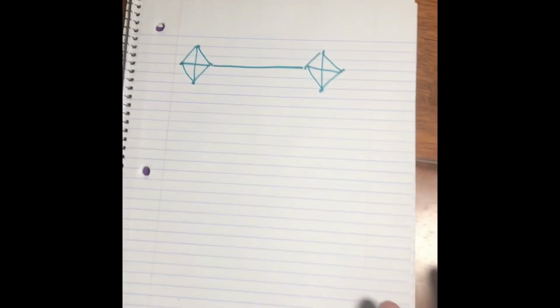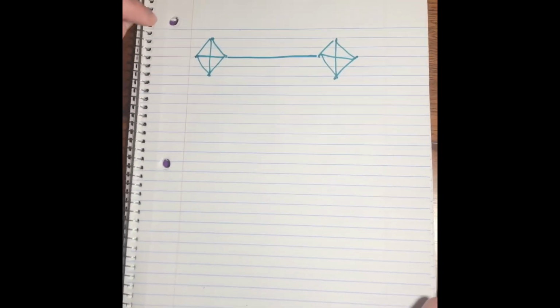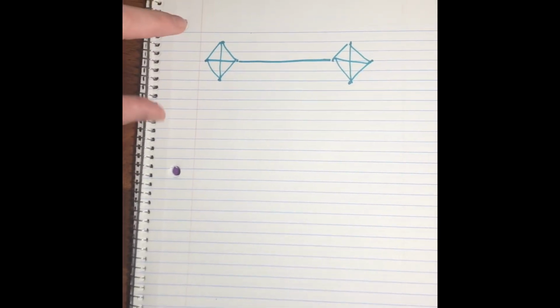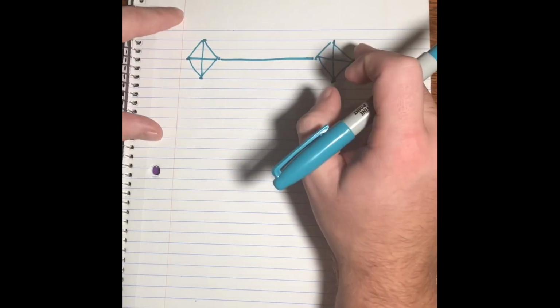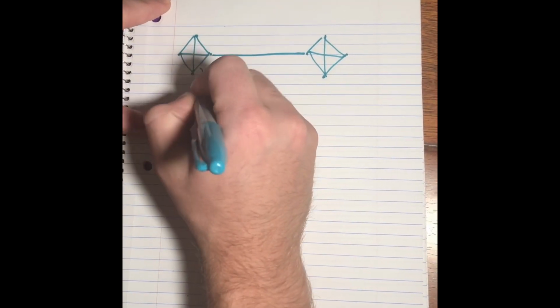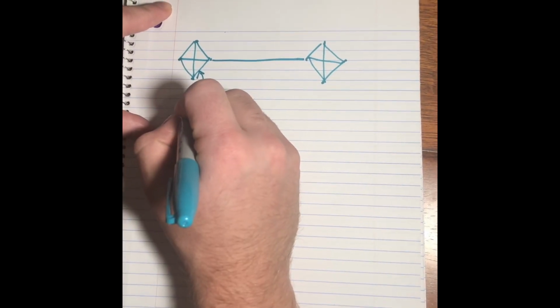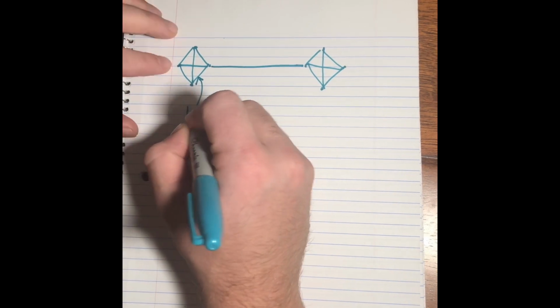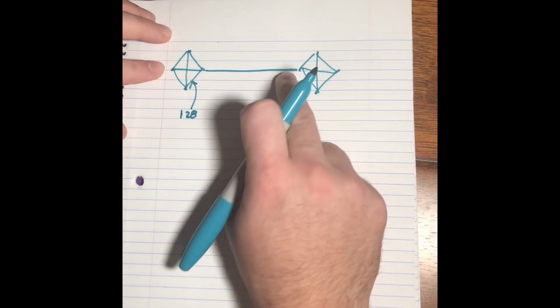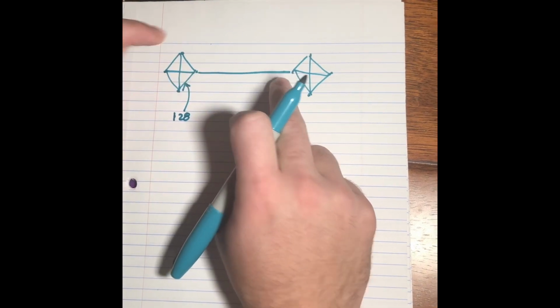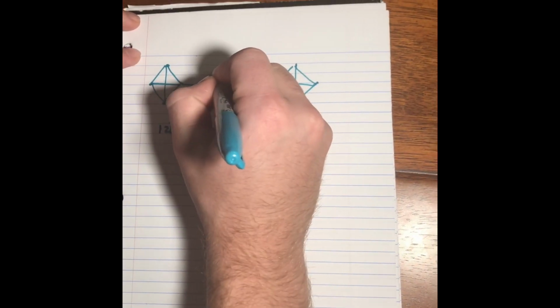Now, I calculated this before, but if we were to look at the associated weights with any of the edges internal to these clusters, we're going to see that it has a weight of 128. If we were to look at this main edge between the two, we'll see that it has 256.